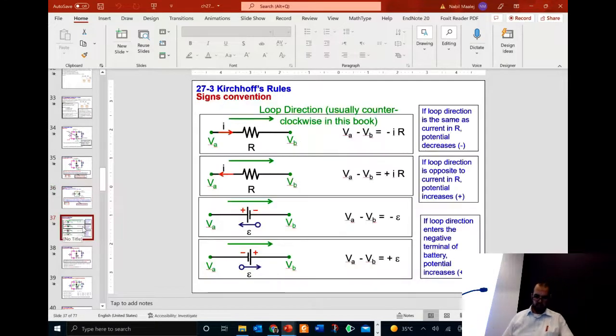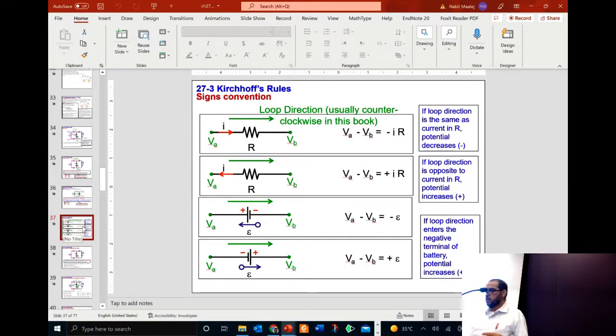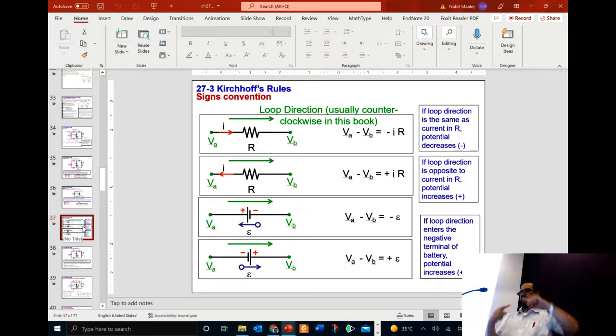It's very important to remember the convention for pluses and minuses. If you're going in a loop direction and you go through a resistor, if you're going in the same direction as the current, the potential decreases, so it's minus Ri. If the direction of your loop is opposite the direction of the current, then it's plus Ri.